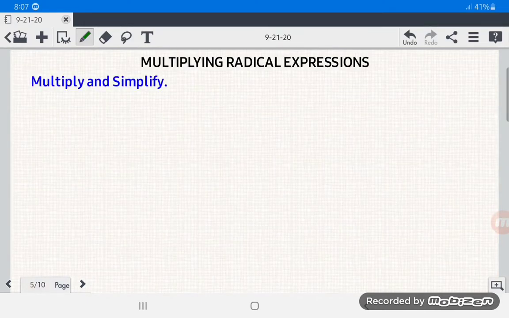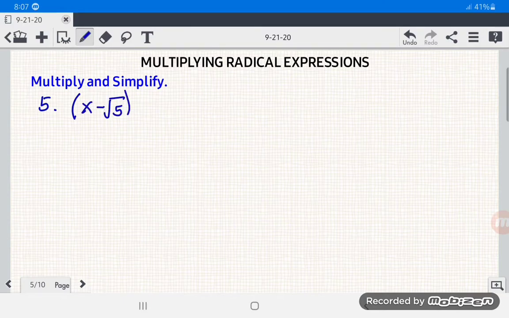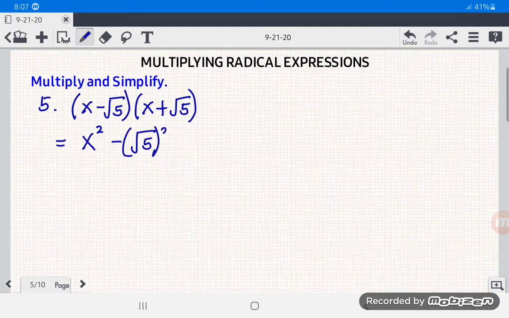Next, number 5. Let's say, for example, we have x minus square root of 5 times x plus square root of 5. Again, this is an example of sum and difference of two terms. So we're going to get the first term, x, square it, minus the second term, square root of 5, again square it.